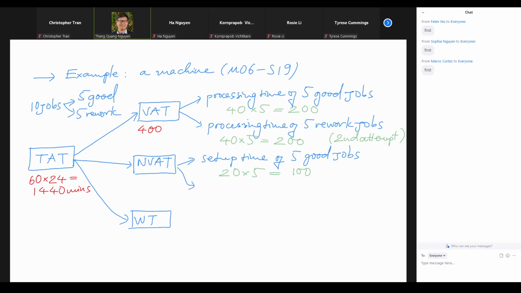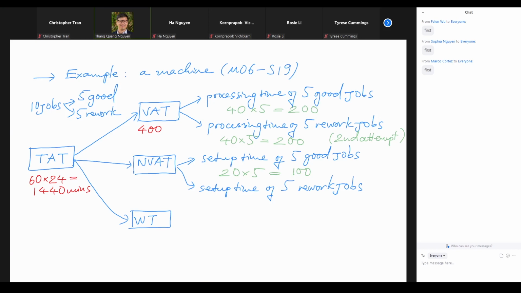And then we also have to talk about the setup time of the five rework jobs. Is that the first attempt or the second attempt? What should we count here?